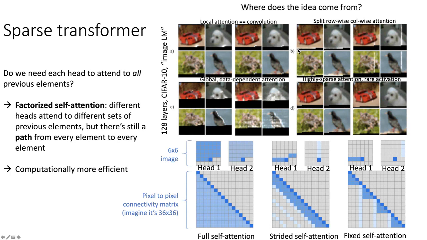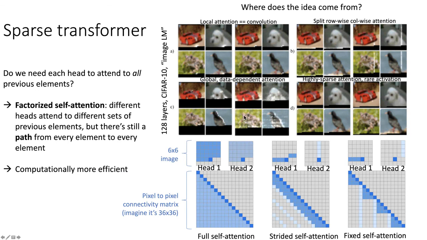So you see here the attention is row-wise. In this case, for this attention head, the attention is column-wise. And for layer C, they have global data-dependent attention. So you see that they're going to look at maybe the contour of pixel images, which depends on the data that you're looking at.